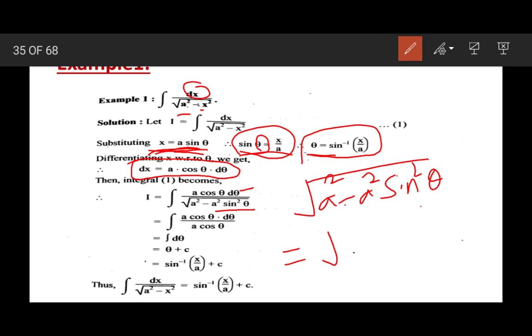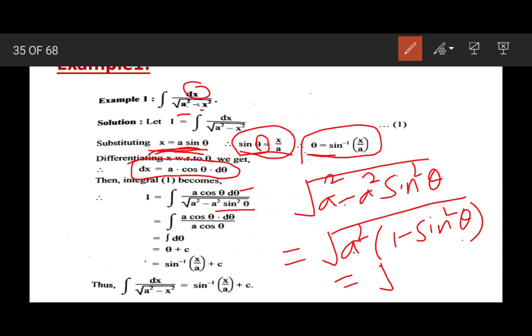So that is equal to under root, a square is common, so 1 minus sin square theta. So that is equal to root a square cos square theta, since 1 minus sin square theta is cos square theta. So root and square cancel, so that is equal to only a cos theta.